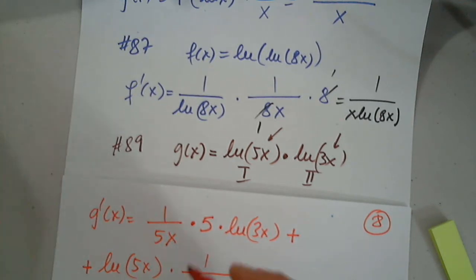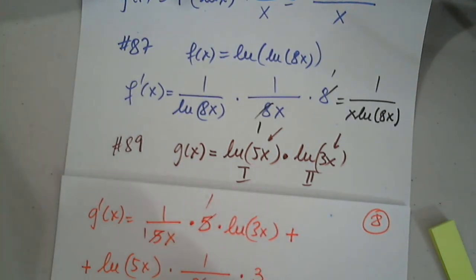Nice, because these two go away, and these two go away. So, however, I can't do much. I can only rewrite the natural log 3x divided by x plus natural log 5x divided by x. You could write it as one fraction because it's the same denominator.